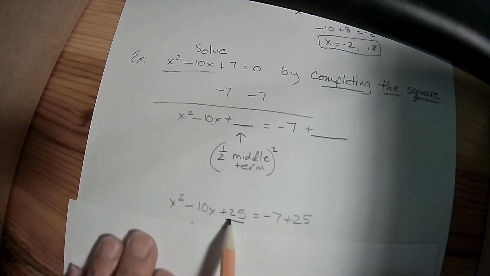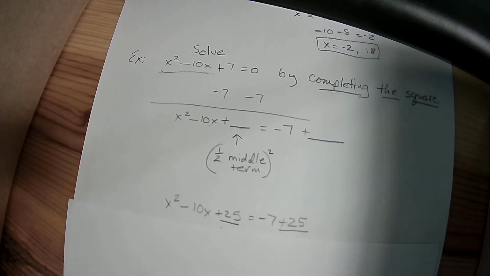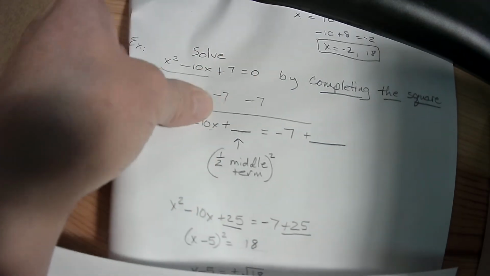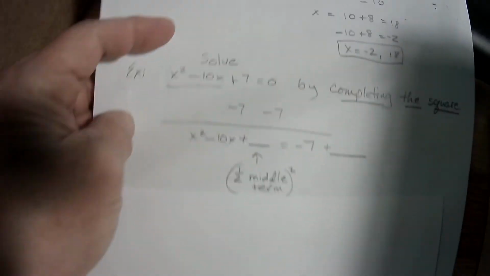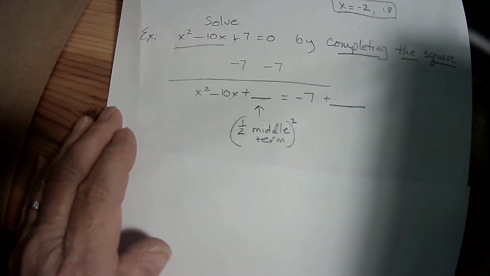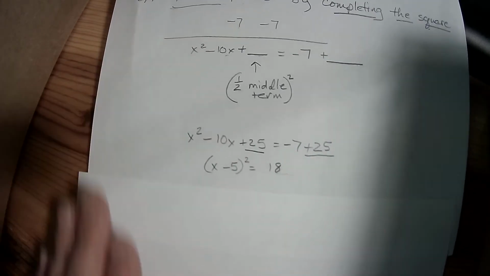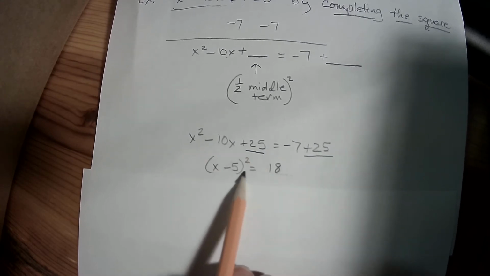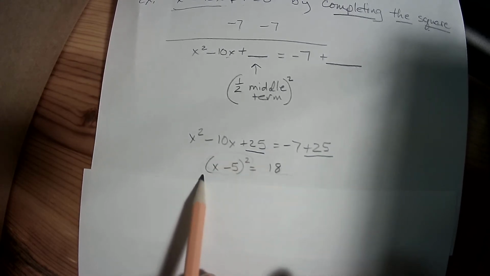And don't forget, whatever I add here, I have to add there as well. Okay. And why did I do that? I did that so that I can factor it this way.